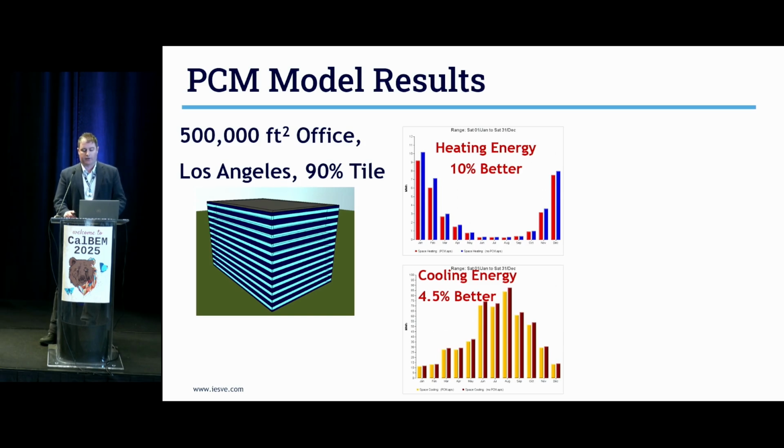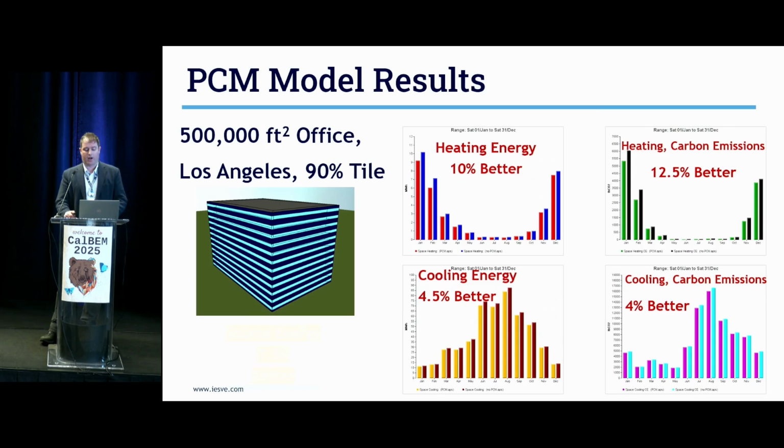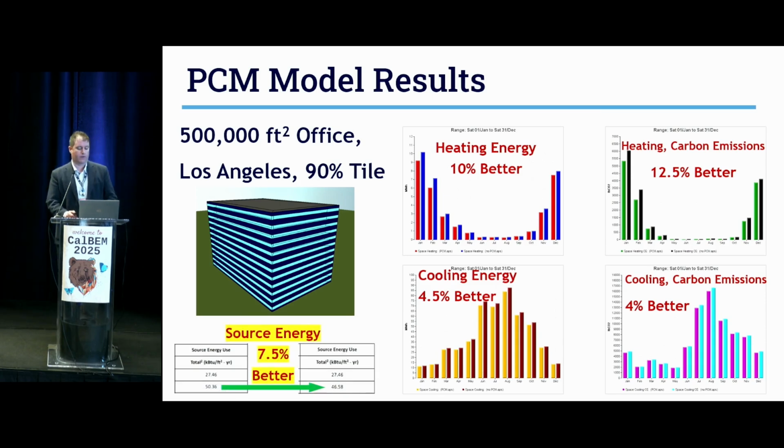The energy results show 10% better energy saving on the heating side and 4.5% better on the cooling side. You get similar results on carbon emissions, and in the lower left-hand corner, you'll see a snapshot from the PERF1 compliance report showing a 7.5% better saving in the source energy condition just by adding this passive phase change material.